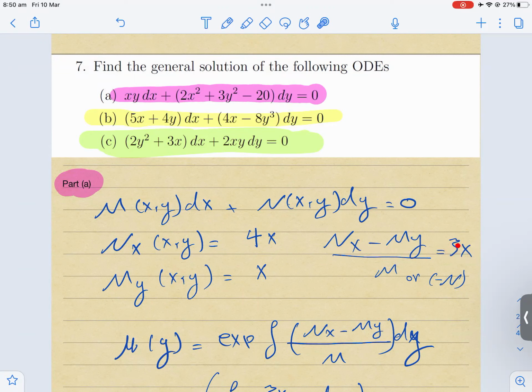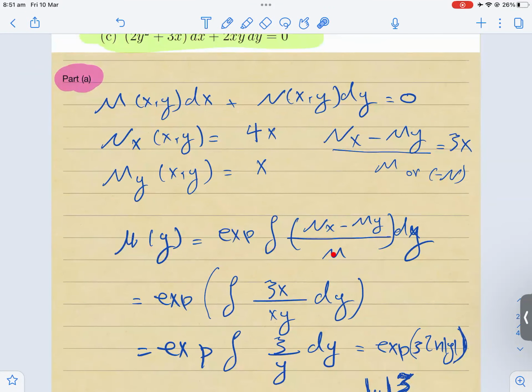Then I will decide which one is easy: 3x divided by M or minus N. We can see that M is easy. So mu sub y will be divided by N dy. In your cheat sheet, please write these things: mu y or mu x, which one you should divide by, and whether it will be in terms of y or x.